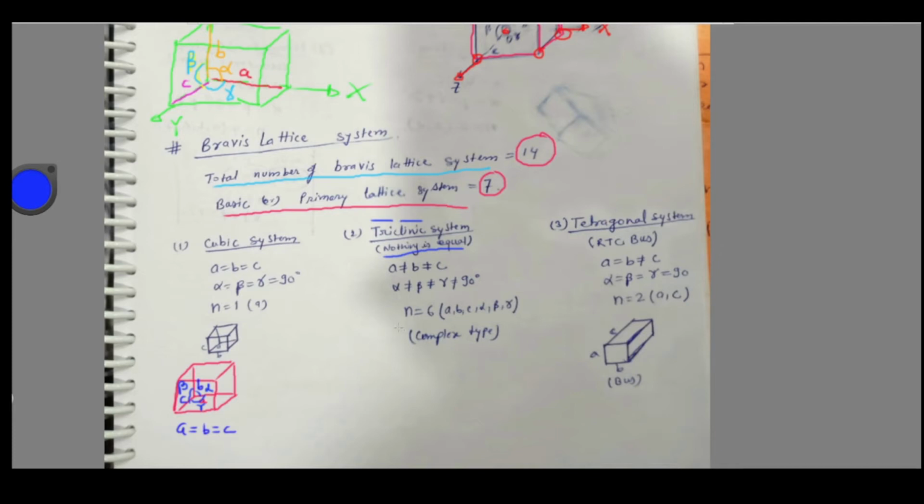All are independent: a, b, c and alpha, beta, gamma. In the cubic system there is only one independent variable, that is a, but in triclinic there are six independent variables.